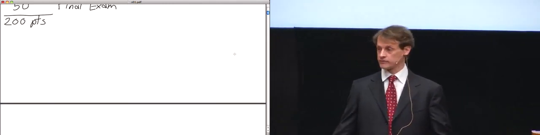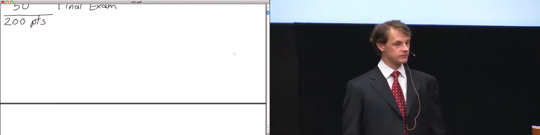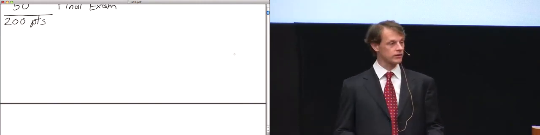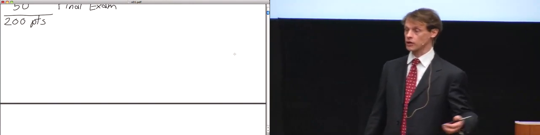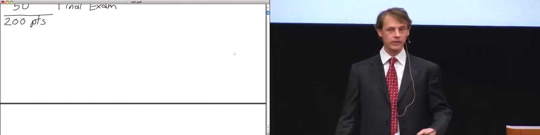I want to say a few words about cheating. So if we find cheaters, then of course, we will report them to the Office of Student Conduct. There's also some information in the course overview about how we score that.